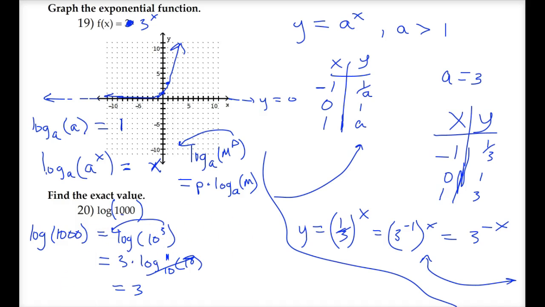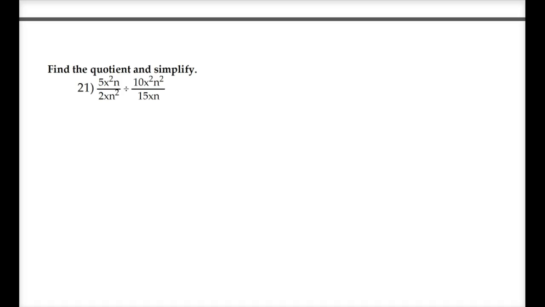All right, let's move on to number 21 now. Number 21 is two rational expressions that are divided by each other. And what we want to do is try to find the quotient and simplify. Okay? This is similar to another problem that we did earlier in our review.